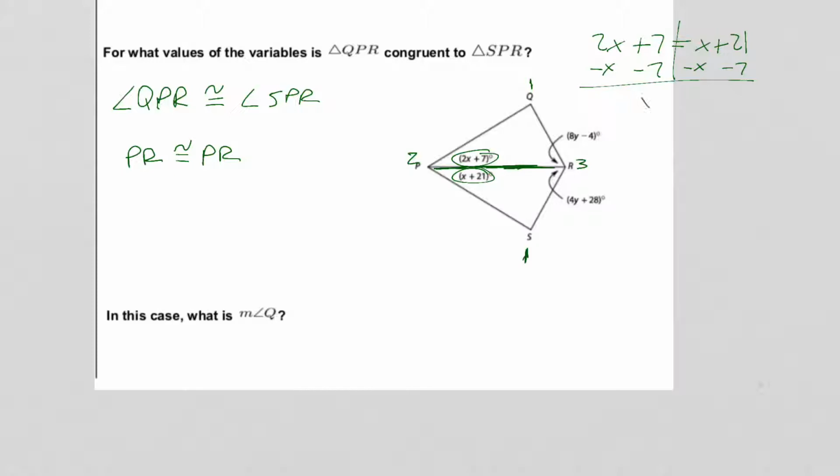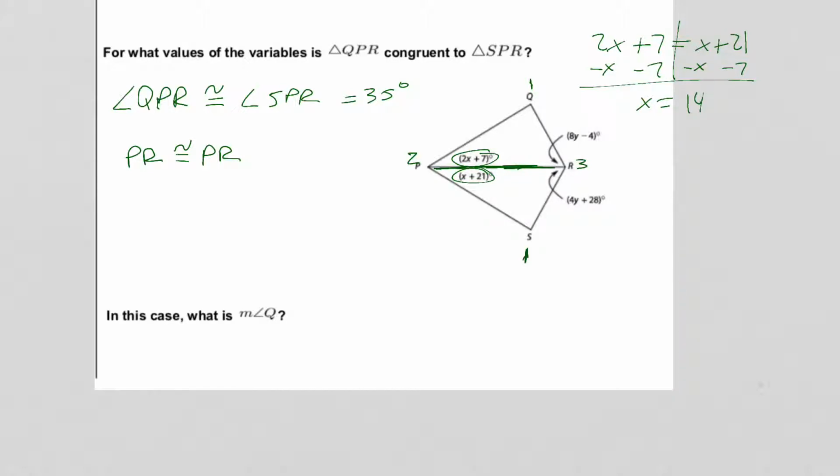You're going to get x is equal to 21 minus 7, which is 14. So if x is 14, then these angles both measure, well, 2 times 14 is 28. 28 plus 7 is 35 degrees. And 14 plus 21, also 35 degrees. So now that condition will be met.